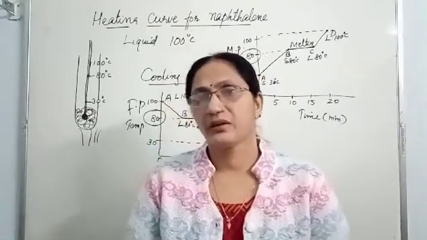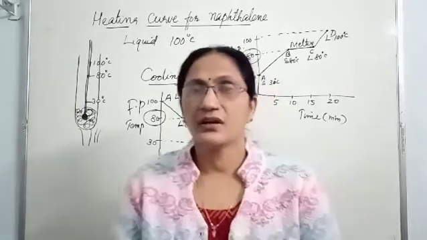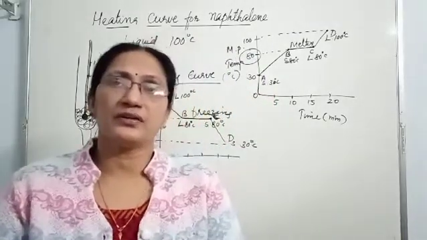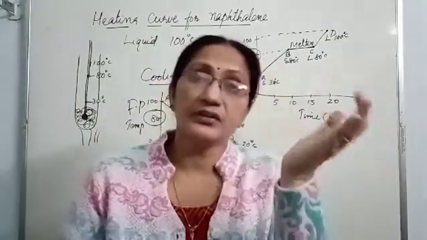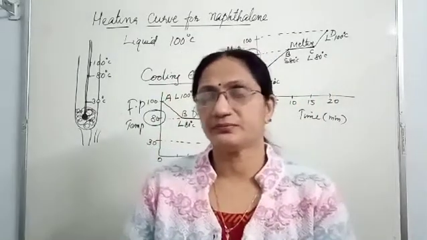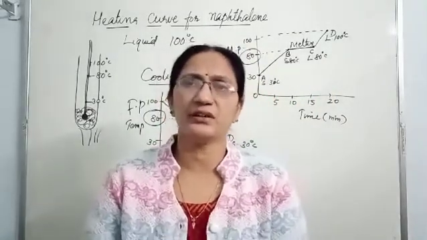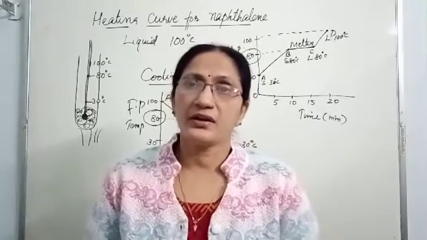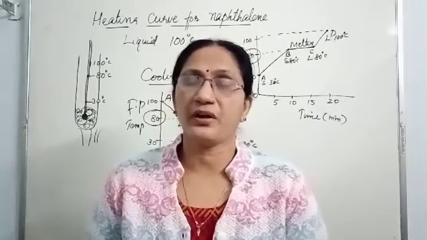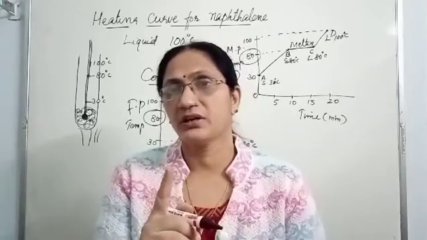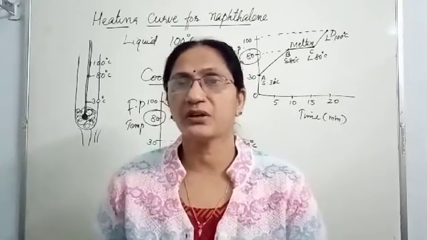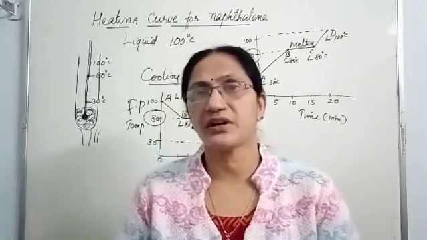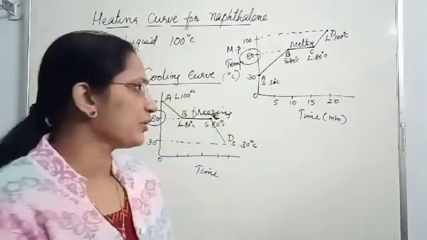So the definition goes like this: the amount of heat energy required for a solid to change into liquid without any change in temperature is known as latent heat of fusion, and the amount of heat energy required for 1 kilogram of solid to change into liquid without any change in temperature is known as specific latent heat of fusion.